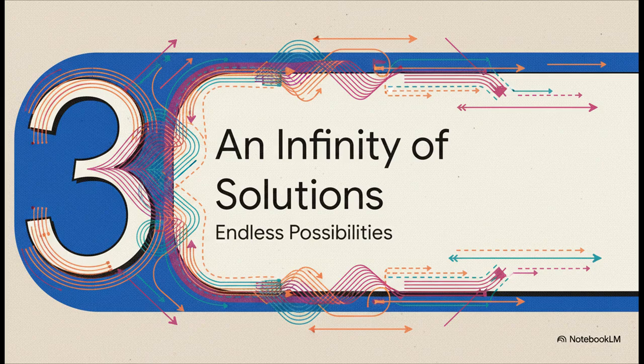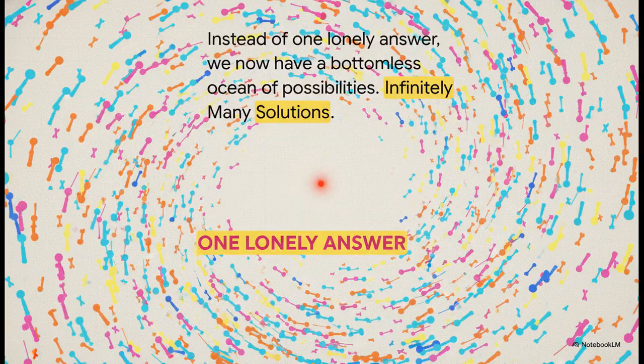That one simple change, just adding one more letter, doesn't just give us a couple more answers. Nope, it unlocks an infinite number of them. Remember that single, lonely solution we had before? Yeah, forget about that. Now, instead of one answer, we have a bottomless ocean of possibilities, an absolutely endless list of pairs of x and y that can work together to solve the equation.